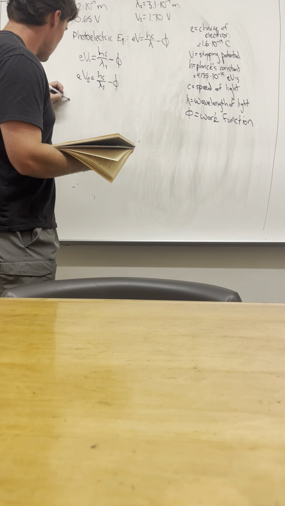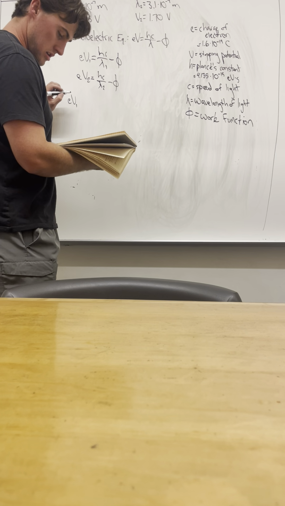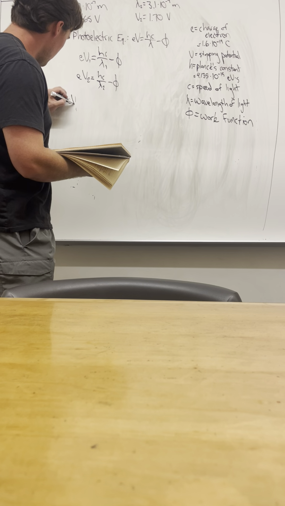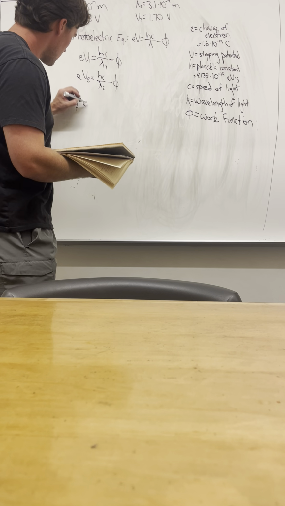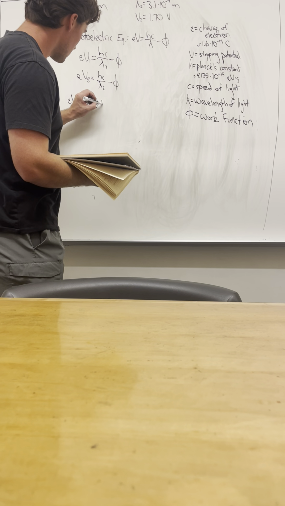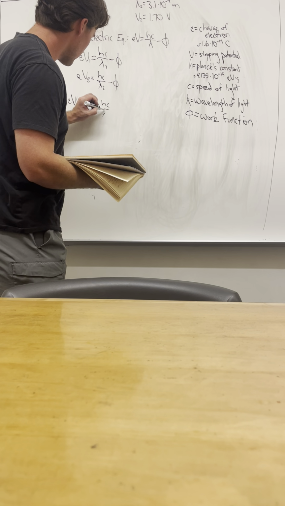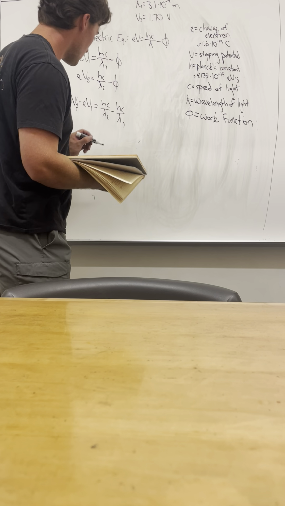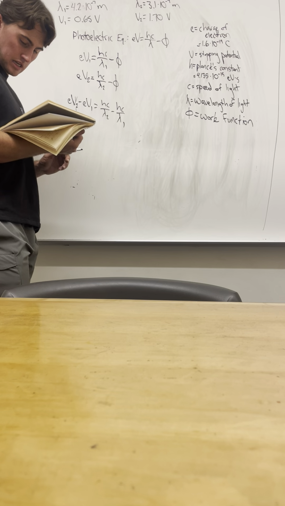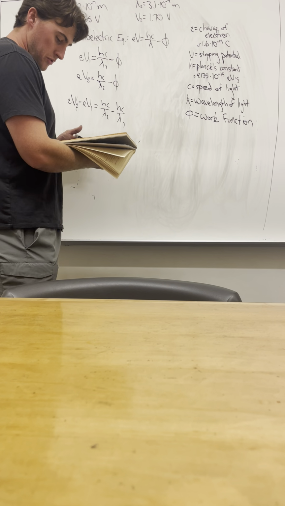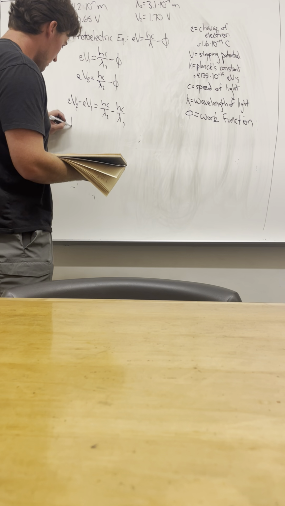So we want eV2 minus eV1 is equal to hc over lambda 2 minus hc over lambda 1. hc is the same essentially, so we can rearrange to find hc using these other variables.